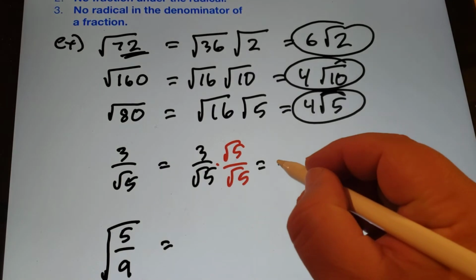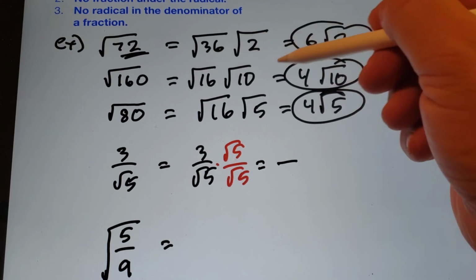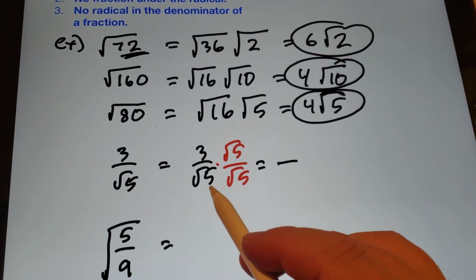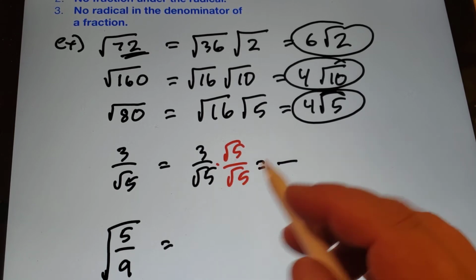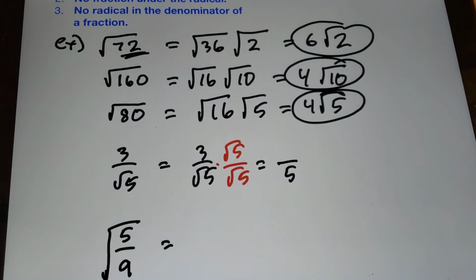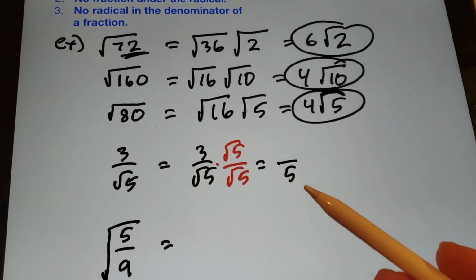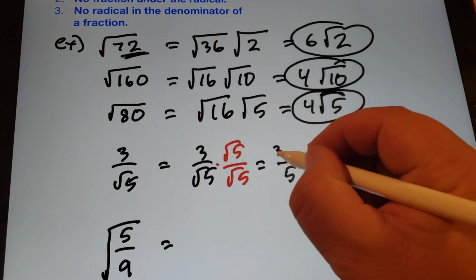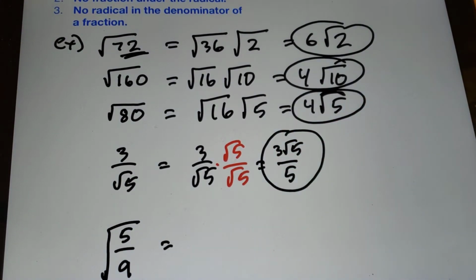We could go through the long process of reversing this multiplication, thinking of that as the square root of 5 times the square root of 5, which is the square root of 25. But when you see 2 of them like that, square root of 5, square root of 5, the answer is 5. Look at what I have even before I write the rest of this problem. I originally had a radical in the denominator, now I don't. So again, mission accomplished, no radical in the denominator. That is considered simplified radical form.